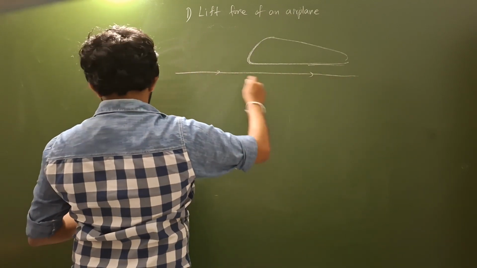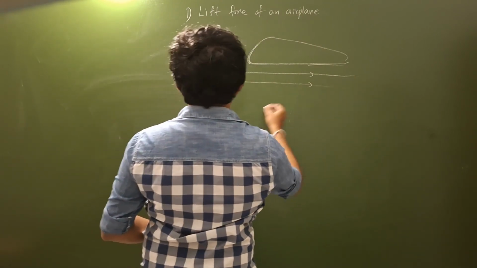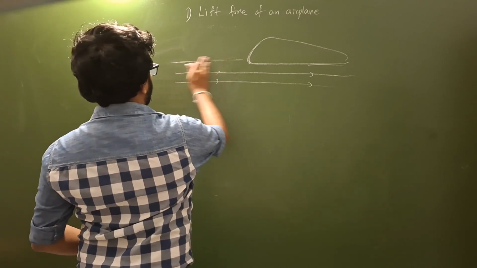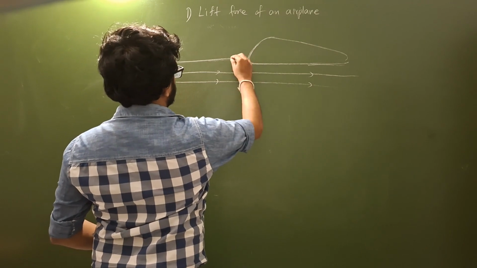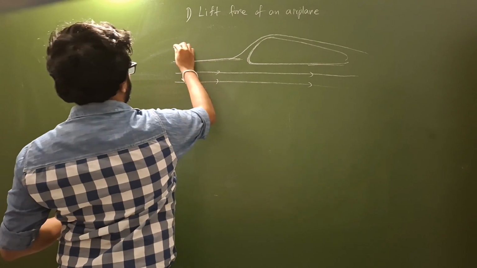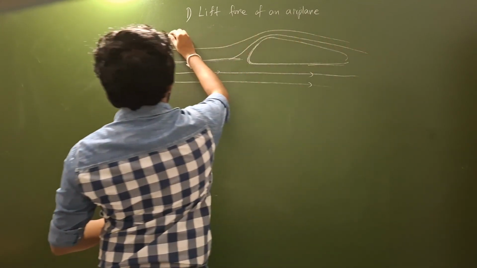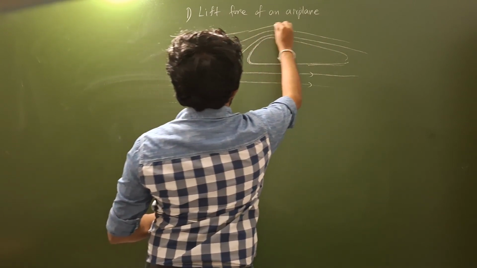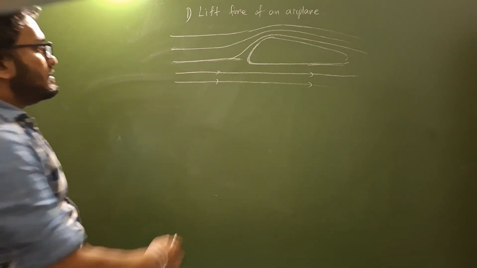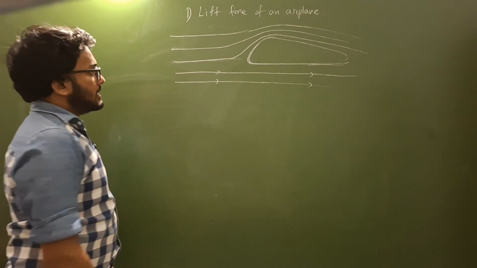This can go like this, and another air particle somewhere here can go like this, and this air particle can't go through the wing, so it will just go up like this and go like this. This air particle will also go like this, and this one will go like this. This is the flow of air particles relative to the wing.